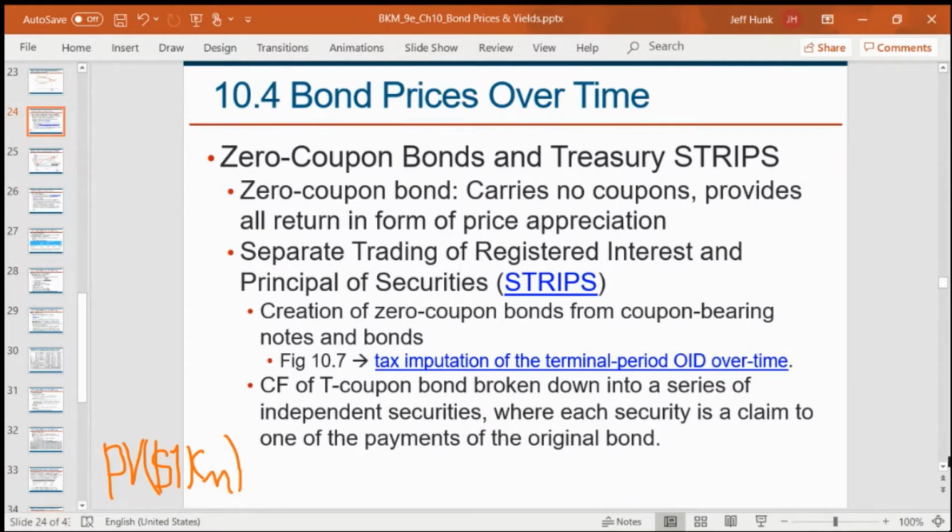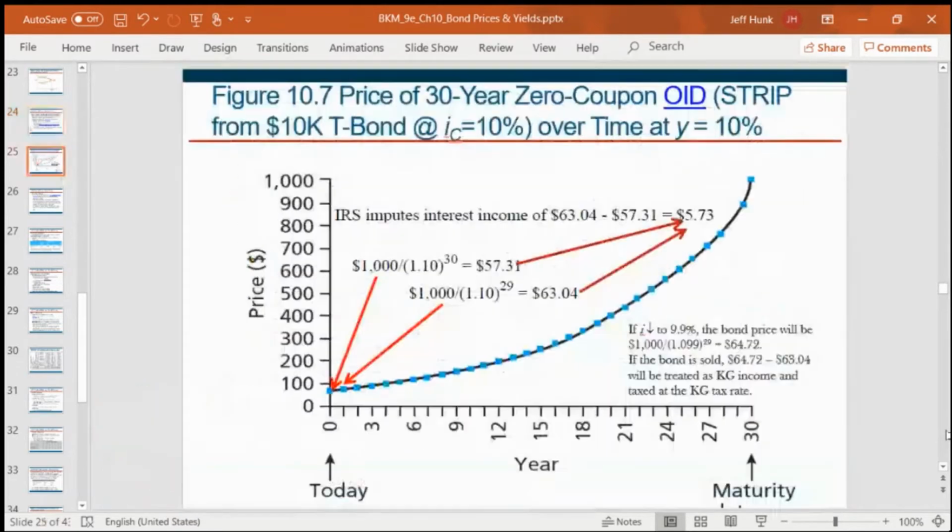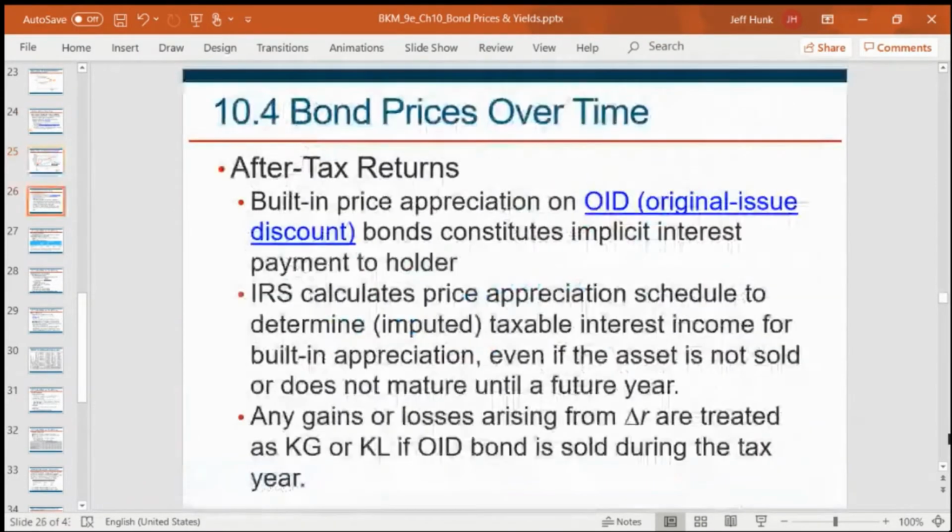What is OID? OID stands for original issue discount. Built-in, so there will be a tax imputation.